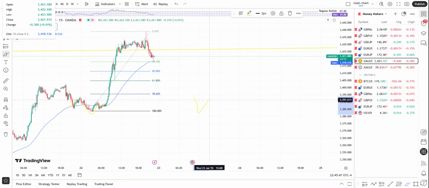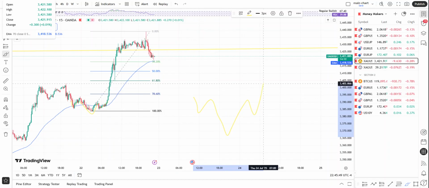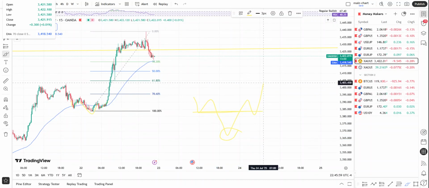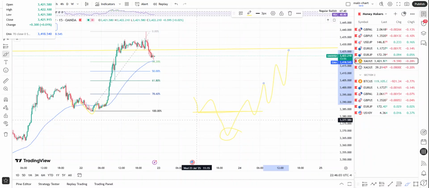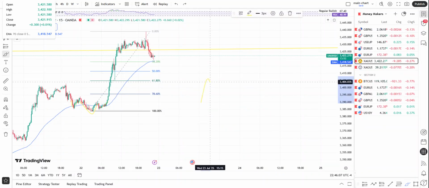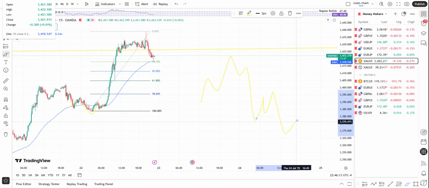It looks more like this for a clear view. That's a reversal or inverted head and shoulders. This is a head, and we got two shoulders right here. That's a reversal pattern showing that price will continue in an uptrend if it's an inverted head and shoulders, or if it's a regular head and shoulders, it'll continue down in a downtrend. At least that's the technical way of speaking of it.